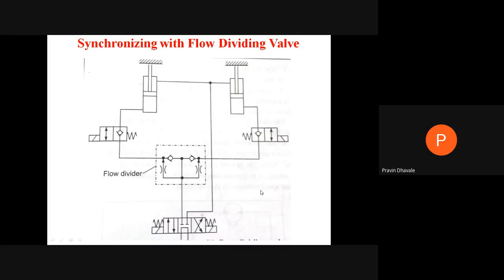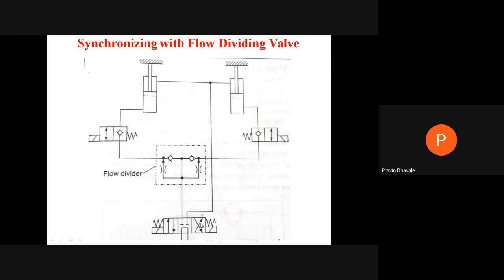Now it will consist of the remaining parts of the base circuit, that is the pump, then filter, then tank, pressure relief valve, pressure gauge. Then from the pump, this will be a 4x3 direction control valve.